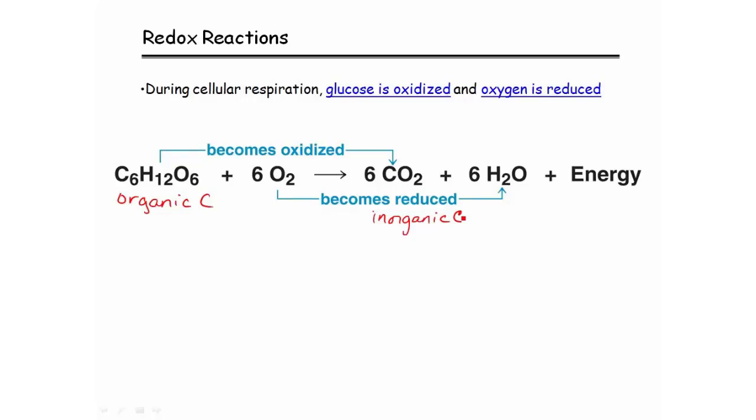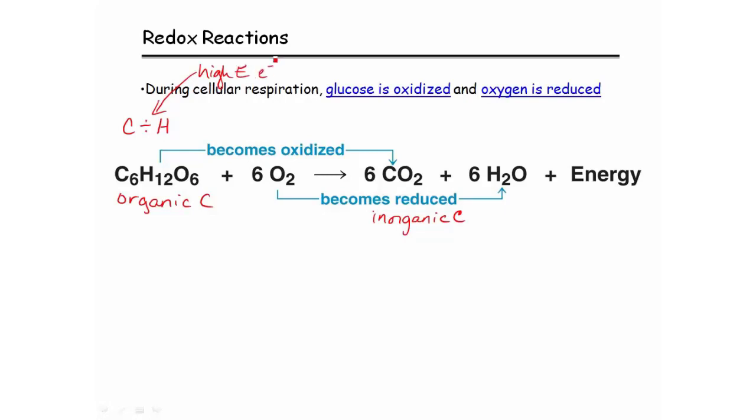Whenever you have an organic molecule, that organic molecule is going to have a lot of carbons that have covalent bonds to hydrogens. And those covalent bonds are all going to be nonpolar covalent bonds, which means that these electrons will be equally shared between the carbon and the hydrogen, and those will be high energy electrons.